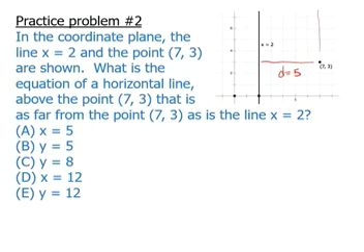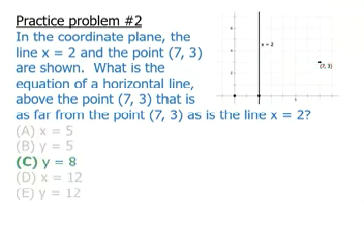Well, this is at a y-coordinate of 3, so it would go up to a y-coordinate of 8. It would go up to the point 7, 8. That would be the closest point. And so the y-coordinate of that horizontal line would be 8. A horizontal line is always of the form y equals k. The k has to be 8. And so it has to be y equals 8. Answer choice C.